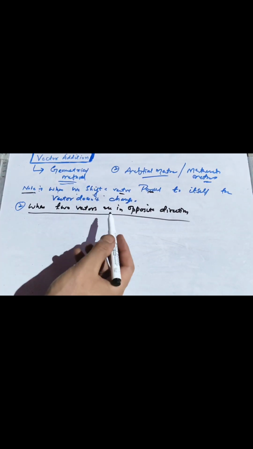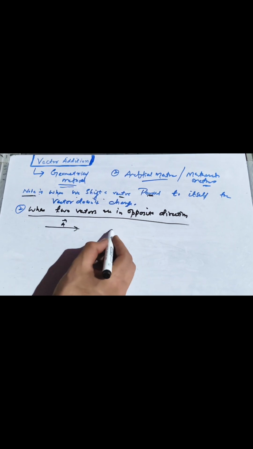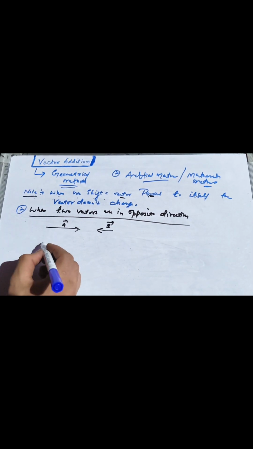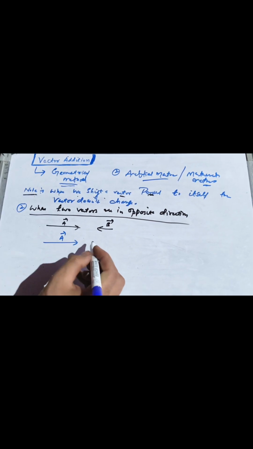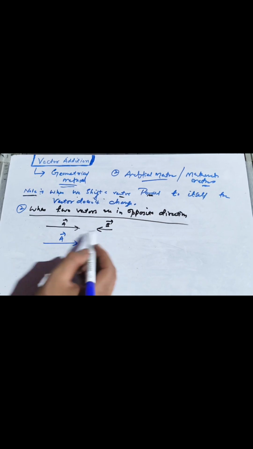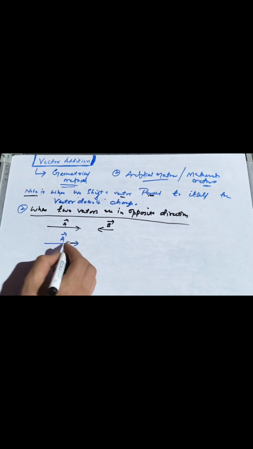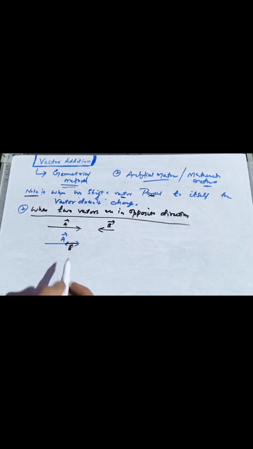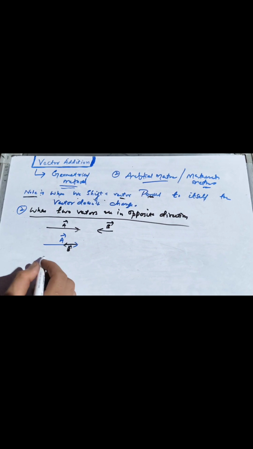Now suppose we have two vectors that are in opposite directions. I will take again vector A and this is our vector B. I have to find the resultant of these two vectors. As per the rule, I will take vector A and put the tail of vector B on vector A. So vector B will be like this. These two are opposite to each other, so this will be the resultant of these two vectors.